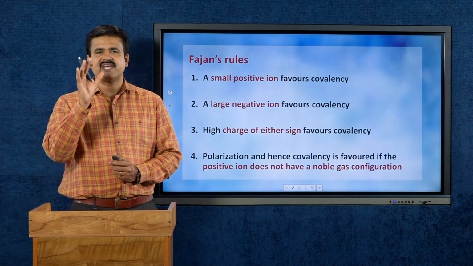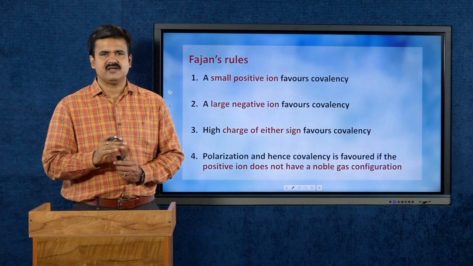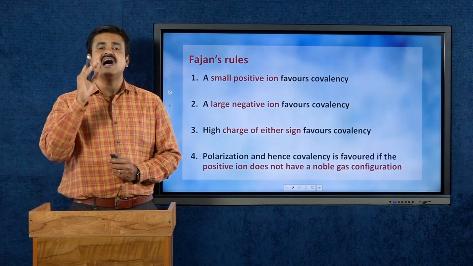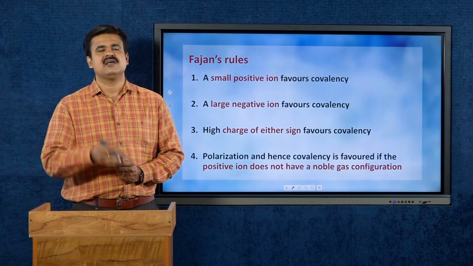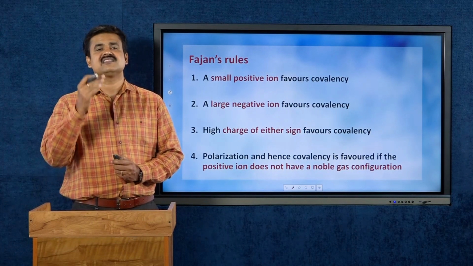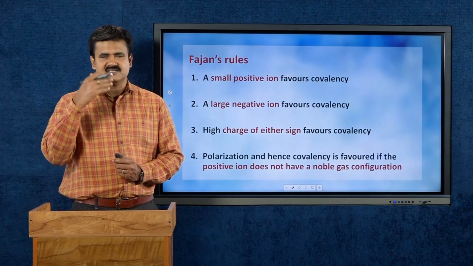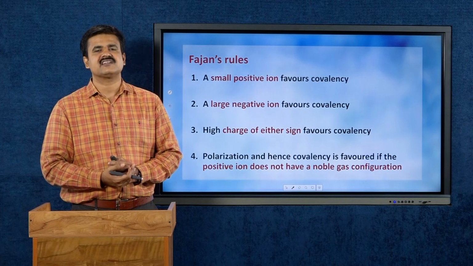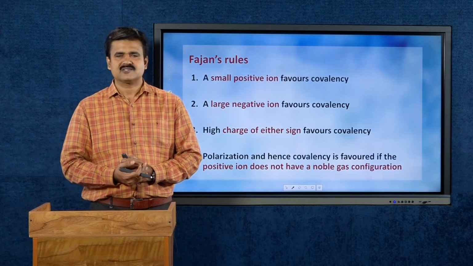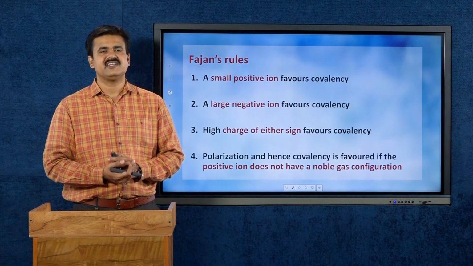So, in consolidation you can say: small cation, large anion, high charge of either sign and high polarization are the various factors that govern polarizability, and hence the covalent character, of an ionic compound. So, these 4 points illustrate covalent nature.